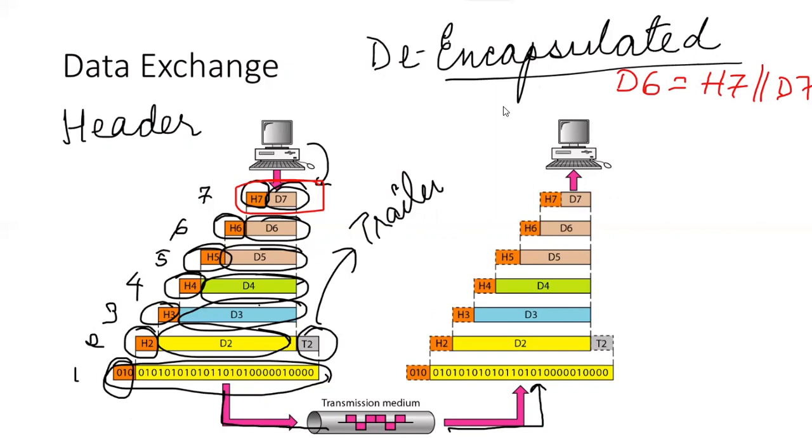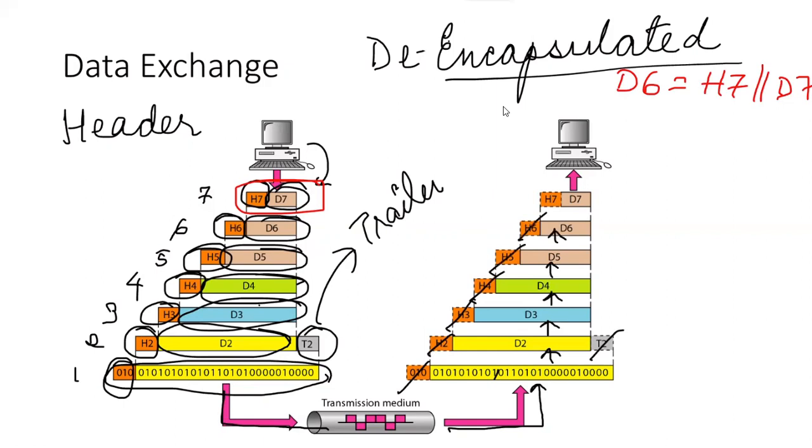So the physical layer will take whatever it receives from the sender, and it will remove the header. The data link layer will take whatever it gets from here, it will remove the header, and it will remove the trailer. Similarly, at every layer, the header that was added at the sender side is removed, and the rest of the data is forwarded to the next higher layer.